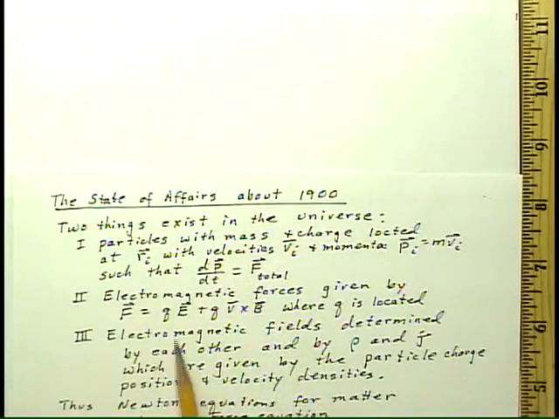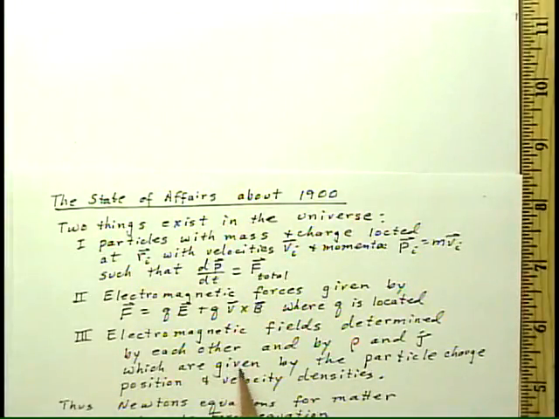So this becomes a coupled system of Maxwell's equations and Newton's equations linked by this force equation, which says the electric and magnetic fields exert a force and alter the trajectories of the particles. And conversely, as these particles move around, they have positions and velocities, which give rise to charge densities and currents, which give rise to new electric and magnetic fields.